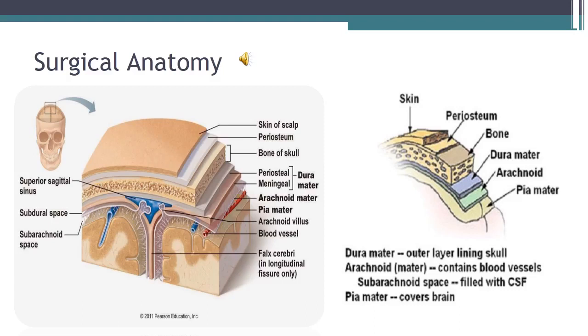Downward we go to the arachnoid, to the pia mater, and then to the arachnoid villus and blood vessels underneath the arachnoid. We can see the falx cerebri between the hemispheres, and we can see the subarachnoid space, the epidural space, and the superior sagittal sinus.